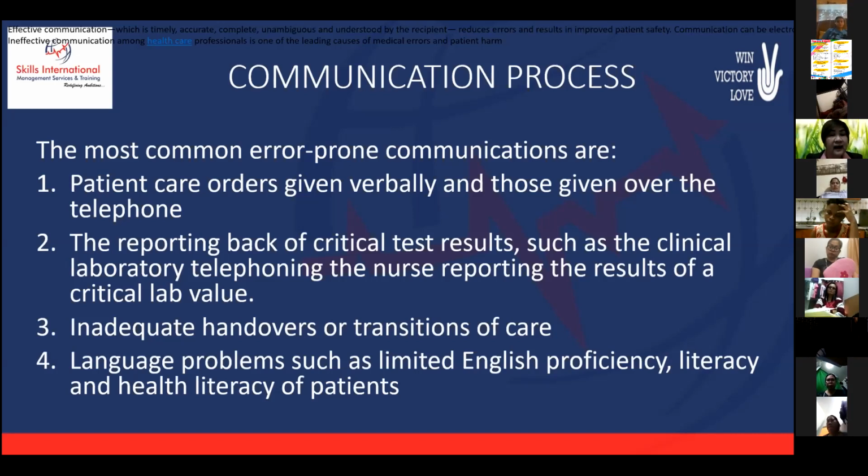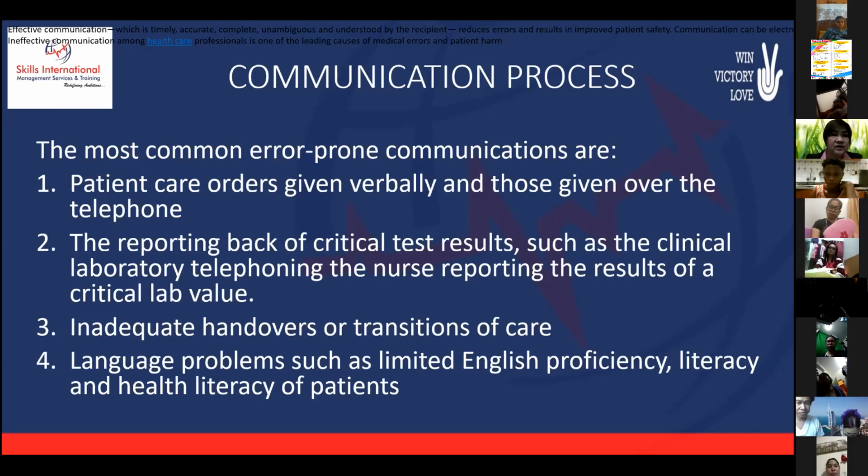Okay? Critical in a sense that it might cause harm to the patient, or the patient is going to a serious condition. So you must know the normal reports of, like, the hemoglobin, the oxygen, the pulse rates, all of this, you must know the normal so that you will know the abnormal results of it.